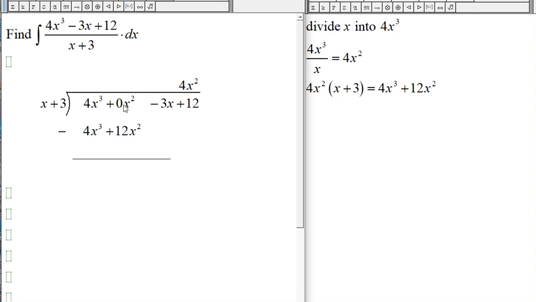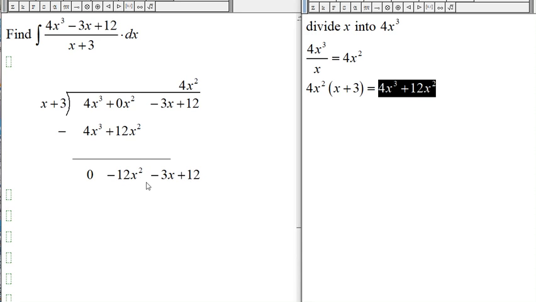So we have 0, and then be careful right here: this is 0 minus 12, so 0 minus 12x squared is negative 12x squared. And then we bring the rest of the terms down, and then we repeat the process all over again.